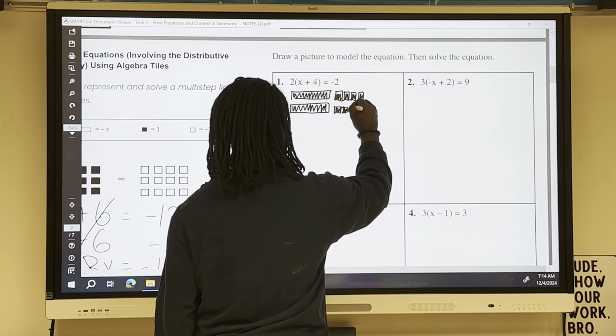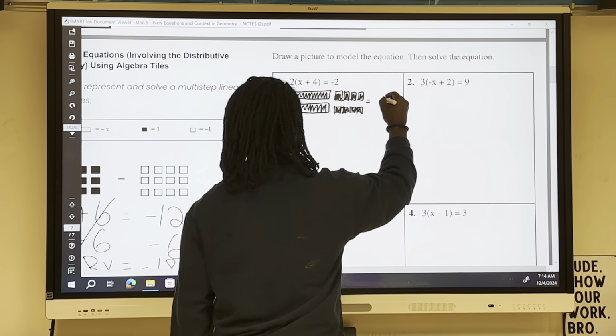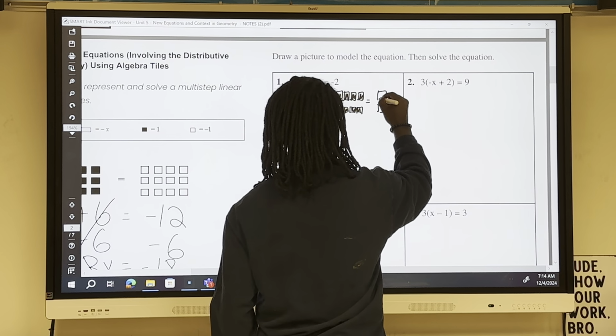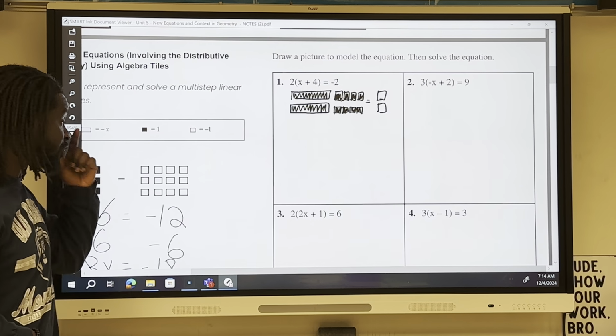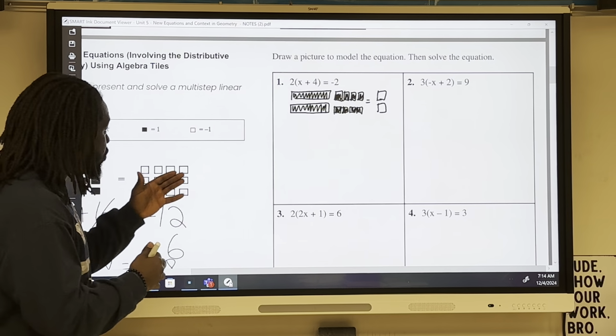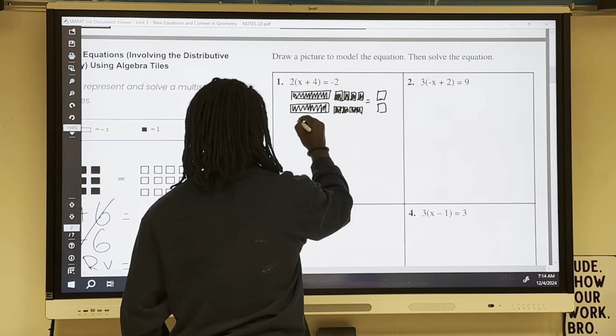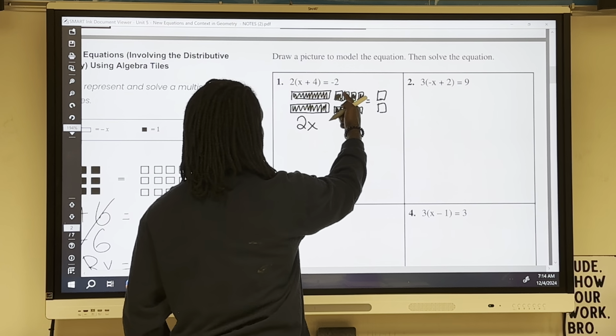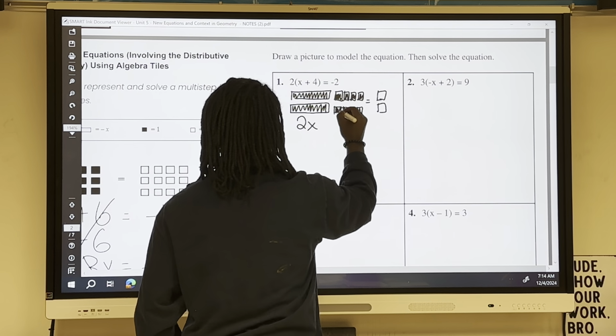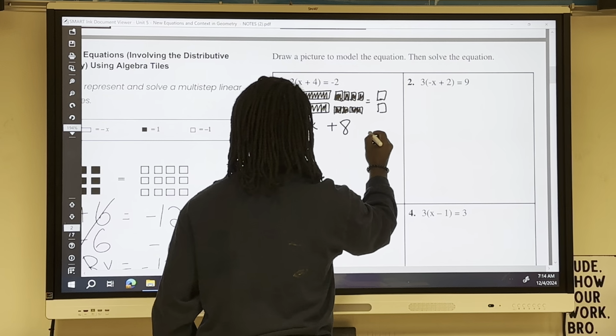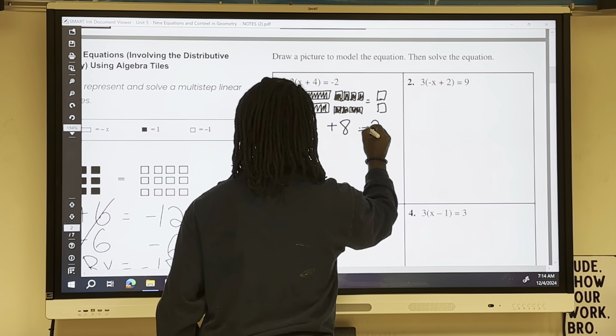These are all shaded. And then equals negative 2, which is 2 unshaded. All right? And so when I do that, this then shows me, now I have 2 x's. And then I also have 8 positives equals 2, right?